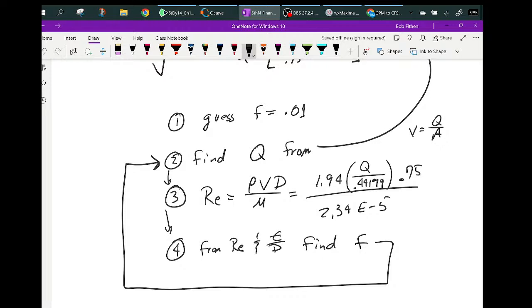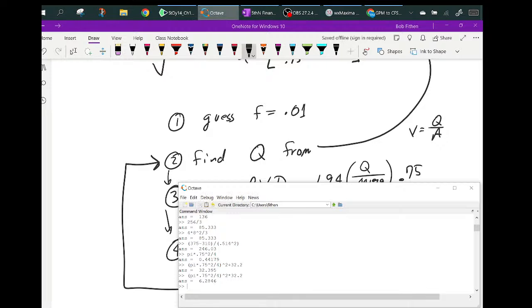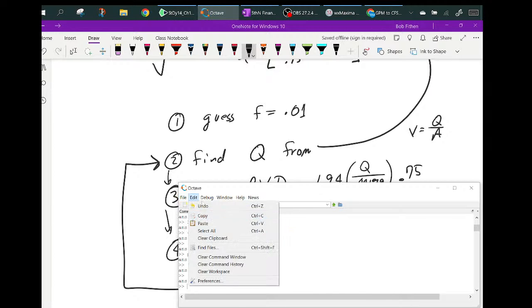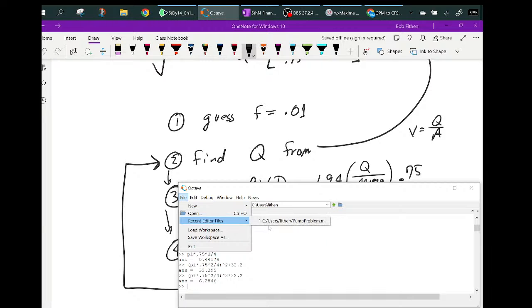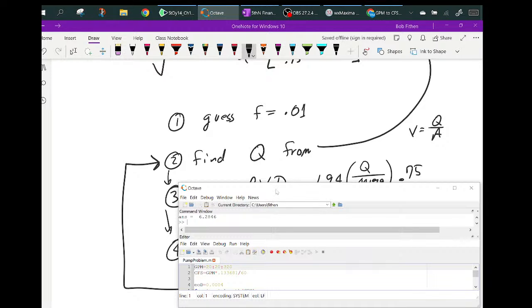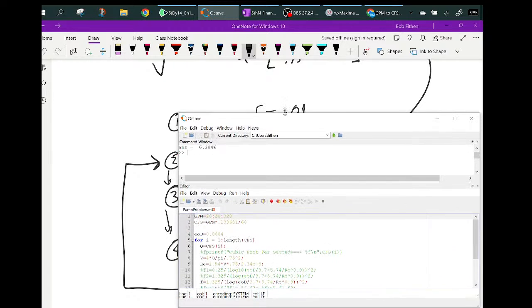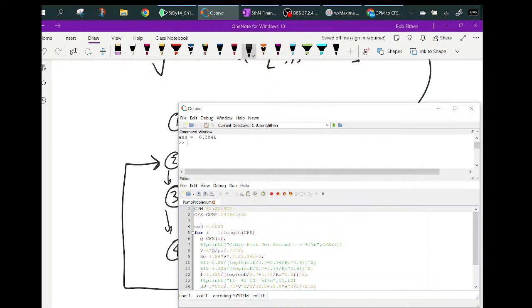Let's see if we can just do that in a command line inside of Octave. So here's what I'm going to try to do. Recent editor files. Here's our pump problem, right? Let me just see if maybe I could just do that. Here, I'll do a new one.